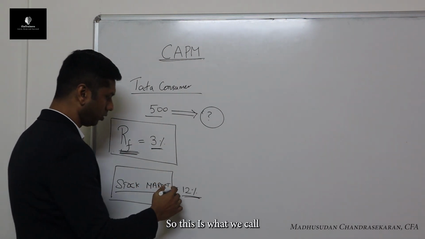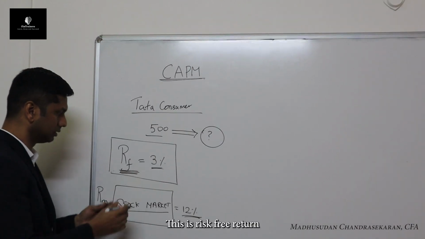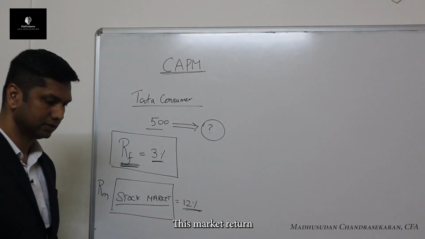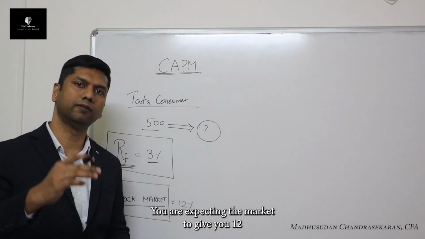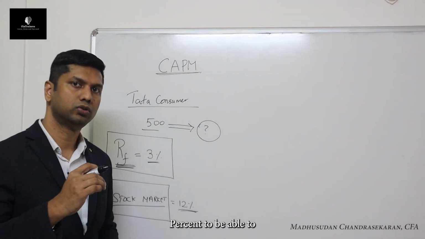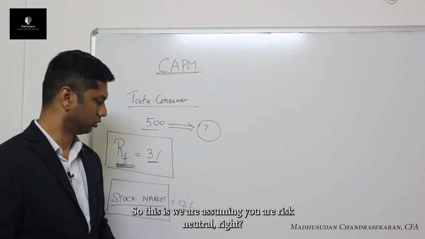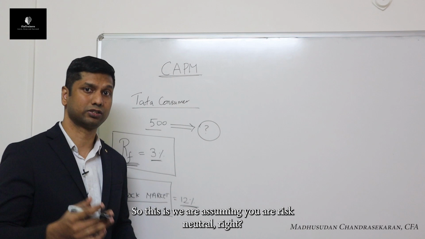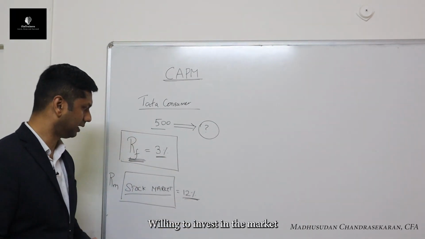So this is what we call the market return. This is the risk-free return, this is the market return. You are expecting the market to give you 12% to be able to invest in the market. We are assuming you are risk neutral, and this is the price at which you're willing to invest in the market.